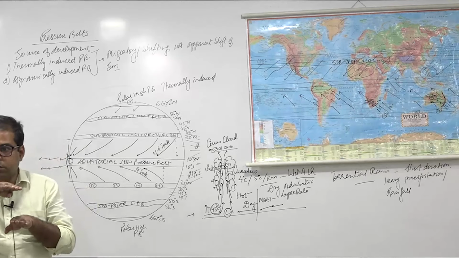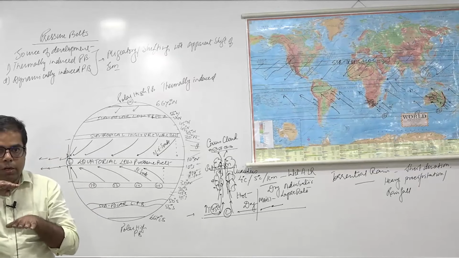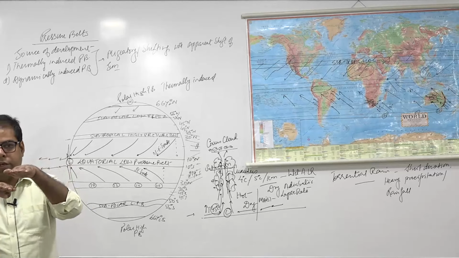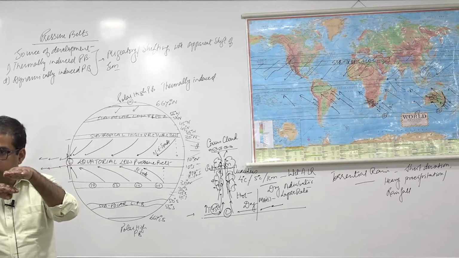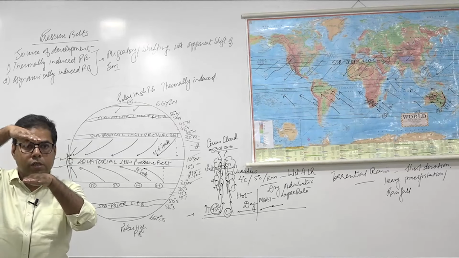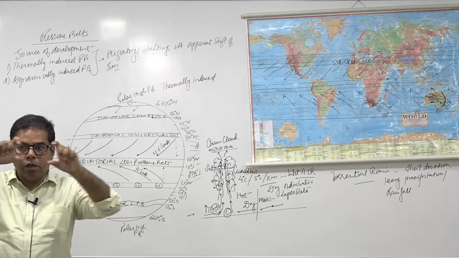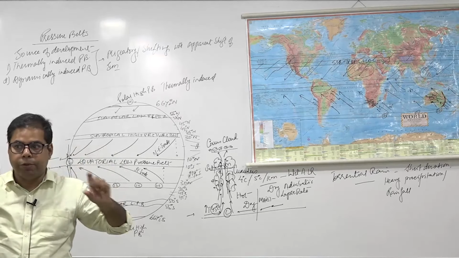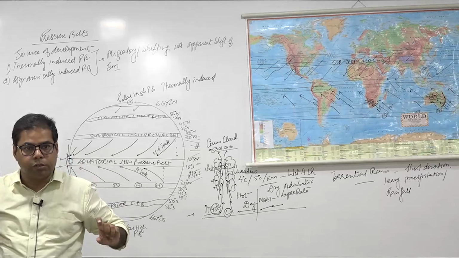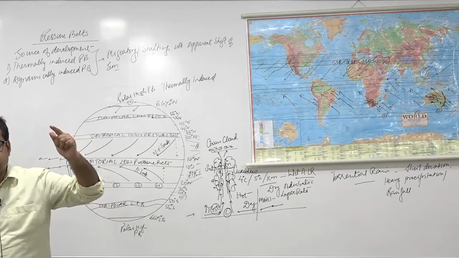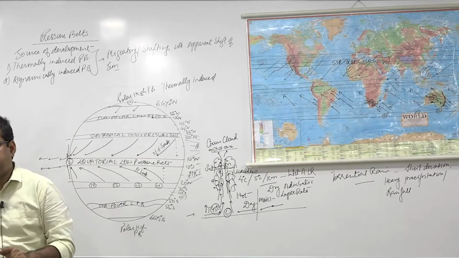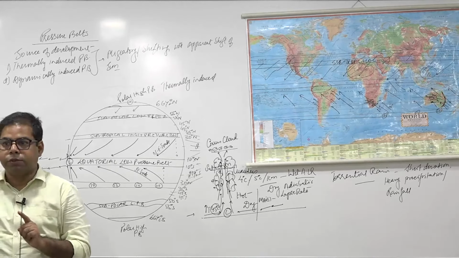Is the air stable or unstable? Stable air. Again from here to this pocket, temperature is decreasing. So the temperature of the stable air in the respective pockets at different altitudes decreases in the normal lapse rate.